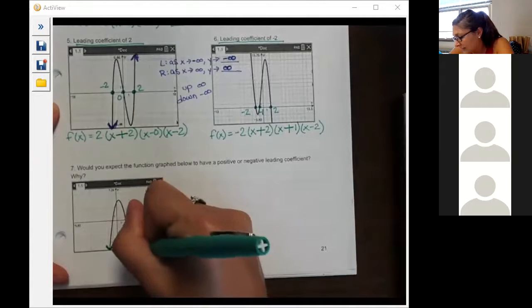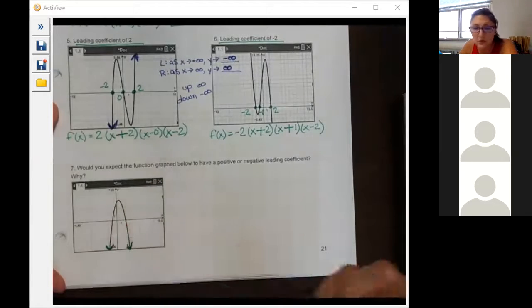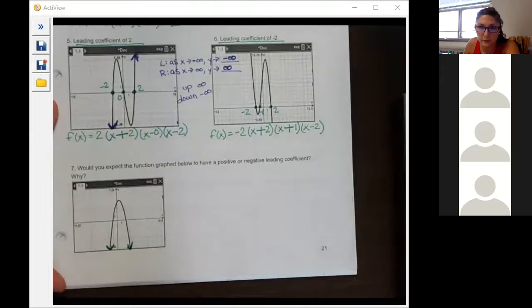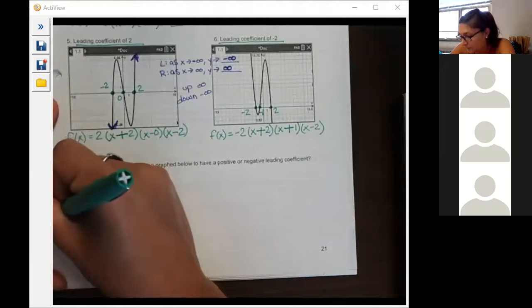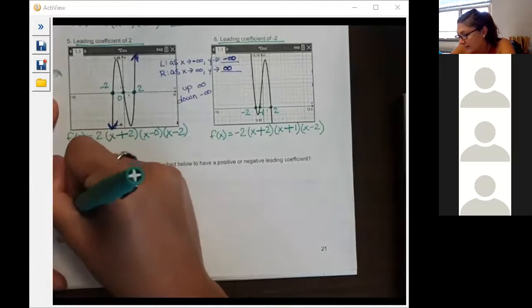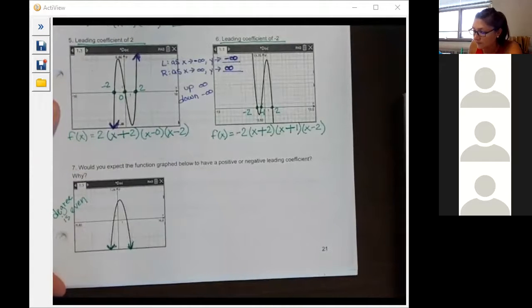Other edge of the graph on the right side, I'm going to put another arrow going down because that's where my graph would continue going. Both my ends are going in the same direction, okay? Odds go opposite. So I know since these aren't going opposite, my degree has to be even. I'm just going to make that note off to the side. Degree is even.